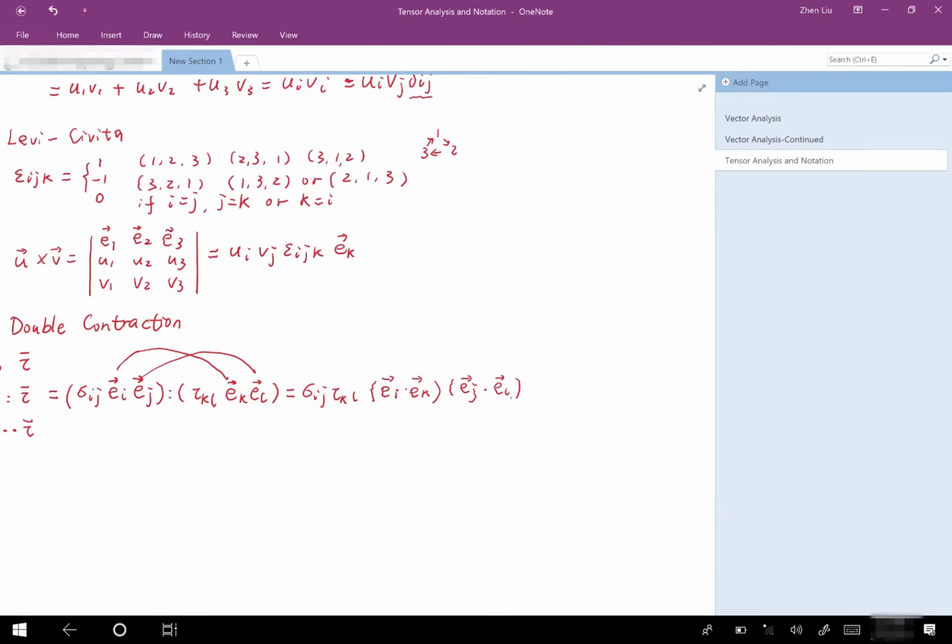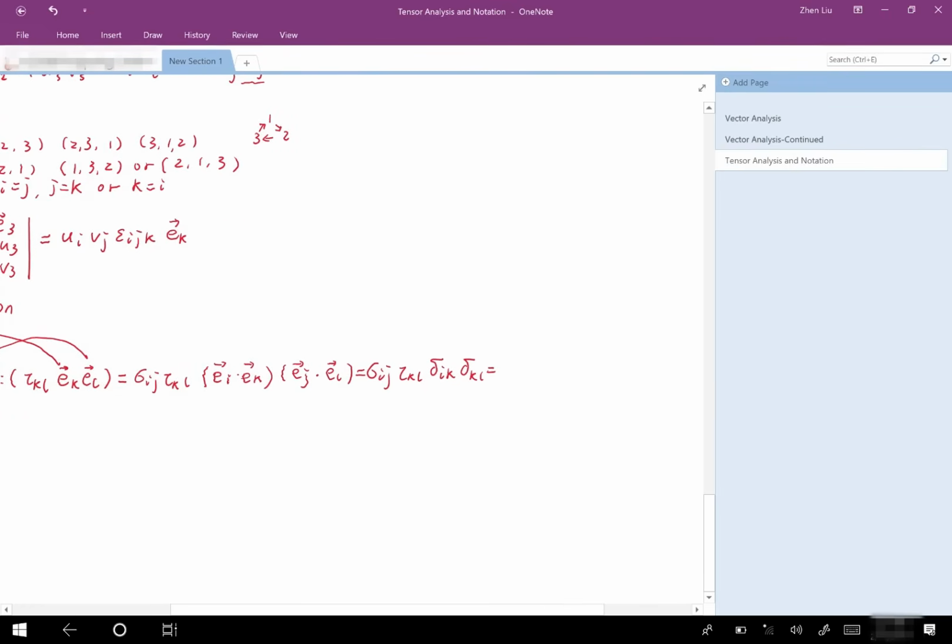And it is a contraction, so we will get sigma_ij tau_kl, then delta_ik delta_jl. Oh, sorry, I apologize, just jl, right? Then ik.